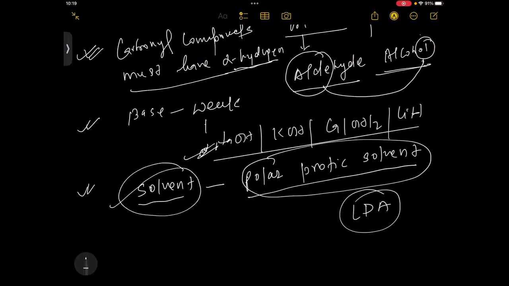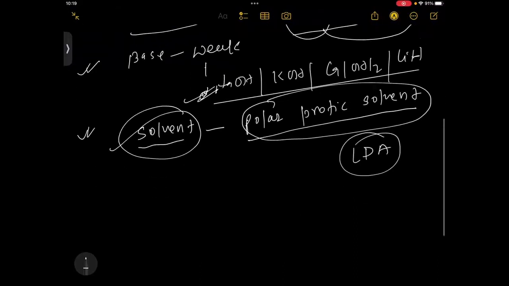Students, let me tell you one thing. In NCERT or elsewhere, you have seen that the aldol reaction is reversible. Aldol is a reversible, equilibrium process. Why does it happen as an equilibrium process?